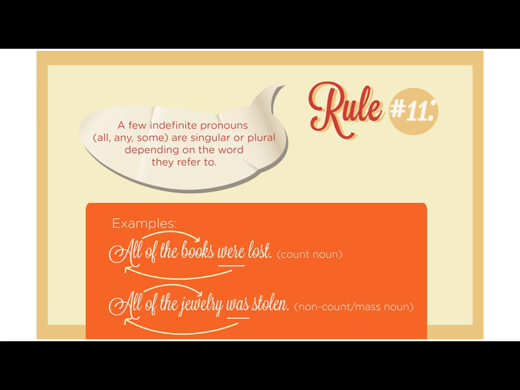We can count the books. That's why we are using here the plural verb. And the non-count or mass noun, all of the jewelry. The jewelry is a non-count one. That's why we are using here the singular verb.